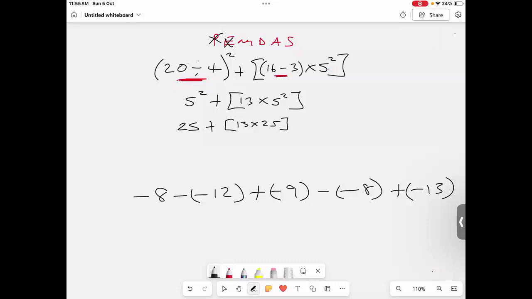So 13 times 25 is going to be 325, so 25 plus 325, and our answer works out to be 350. All right. So good, guys. Have your calculators on hand to work out or verify answers, or even to work out a little bit more multiplication that is beyond your standard multiplication table, because I think the majority of persons don't naturally know what 13 times 25 is mentally.